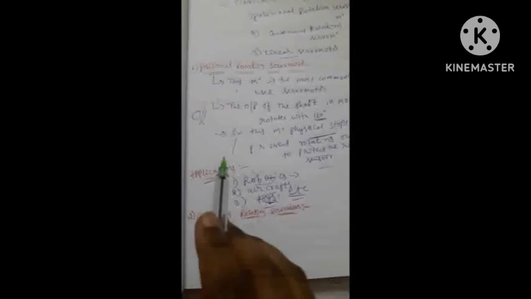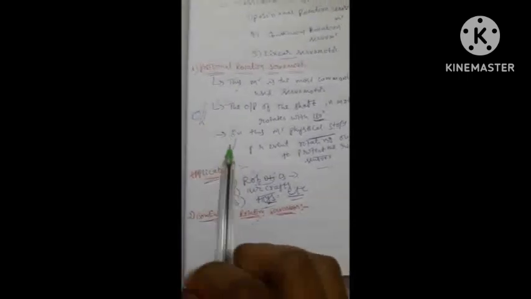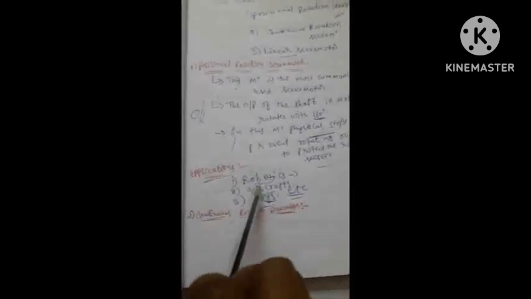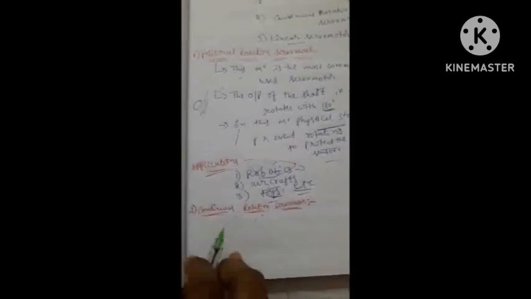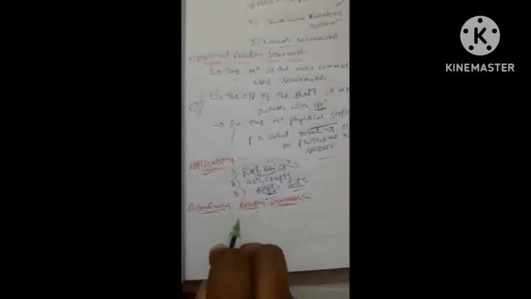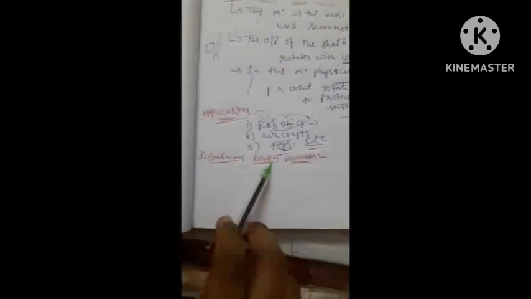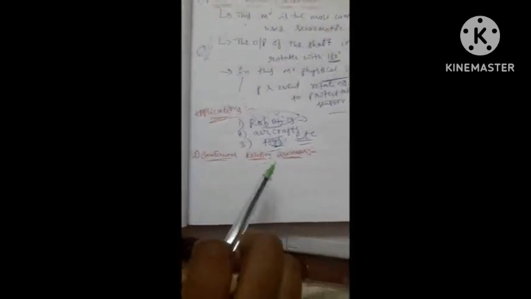If we give a command to the robots, they will walk, they will run, or perform whichever application those robots are made for. So in continuous rotation it will be continuous. In continuous rotation servo motor, it will go in any direction without limit.